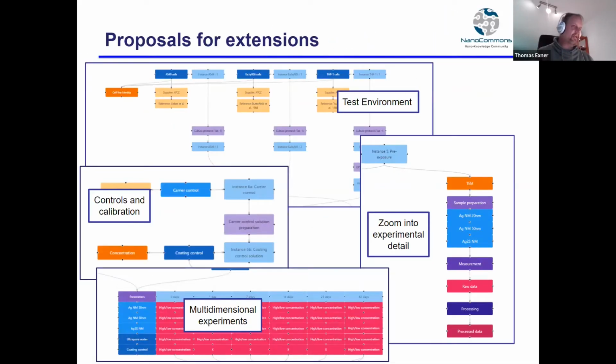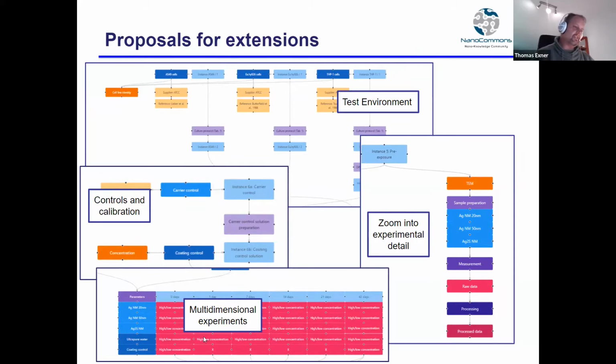We are thinking about extensions. We discussed already some of them, like zooming in. What we really also want to do, and this is what Martin will present, is these controls. These are experiments you have to do, your normal lab quality control, for example, so that we can cover that. We are going into much more complex test environments, really huge or very complex in vitro systems and so on.